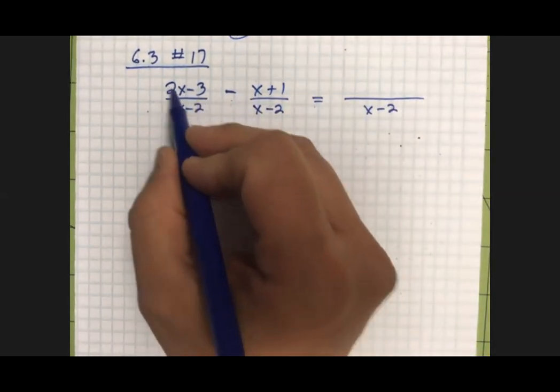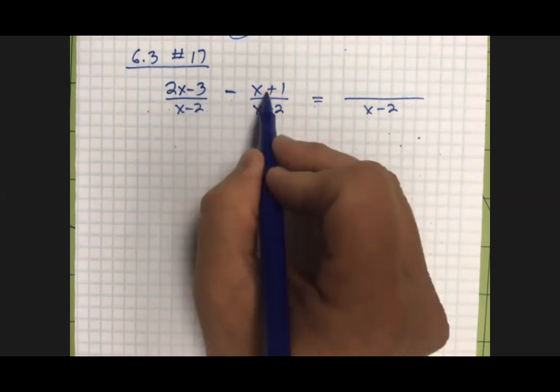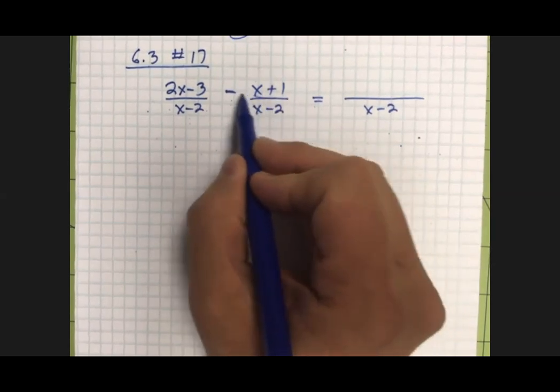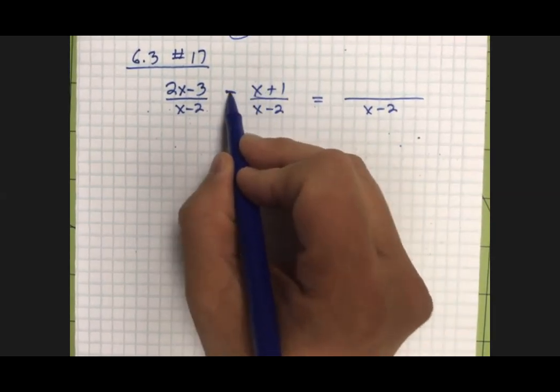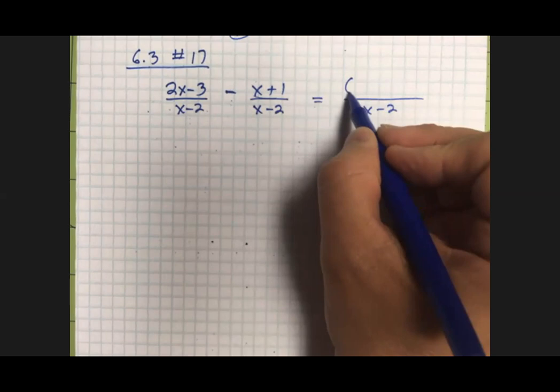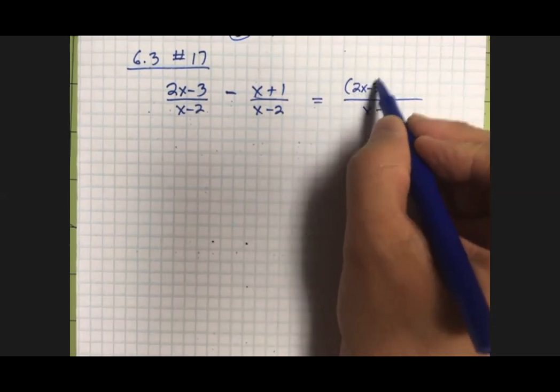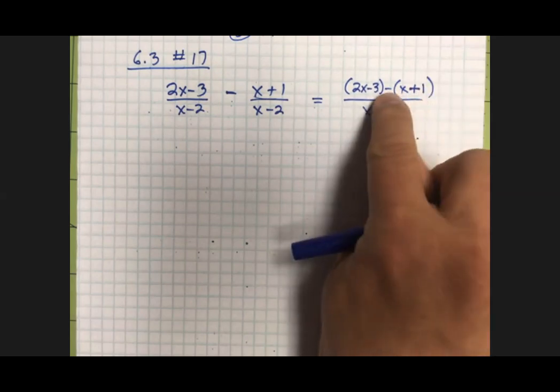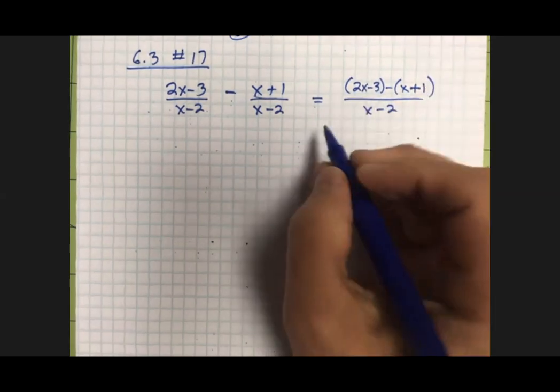But subtracting the tops means I have to subtract the whole top here. I have to subtract x and subtract 1. So it's almost like there are invisible parentheses there. Don't forget to subtract both pieces.